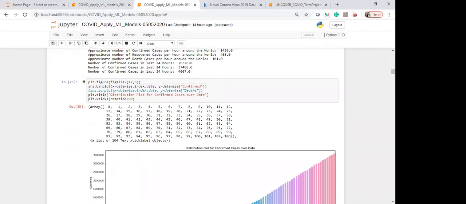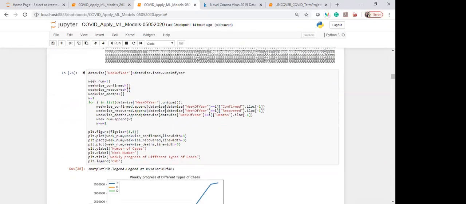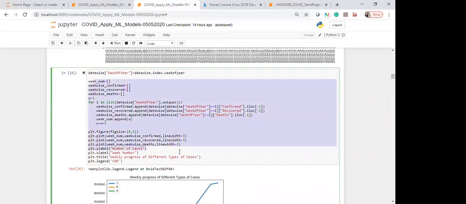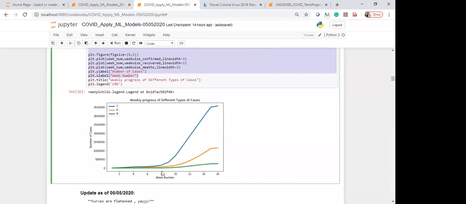So this is where I grouped it, and once I grouped this, this is a pattern of confirmed cases, recoveries and deaths. And as I can see, the curves have flattened since last week, which is good news.